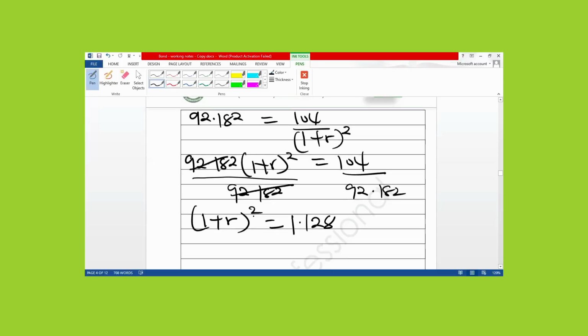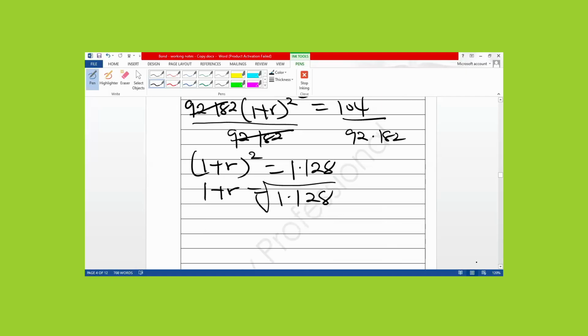We have a square here. Take the square root of both sides. 1 plus r is equal to the square root of 1.128. Find the square root: 1.062. 1 plus r is equal to 1.062. What is r? 1.062 minus 1 is equal to 0.062.